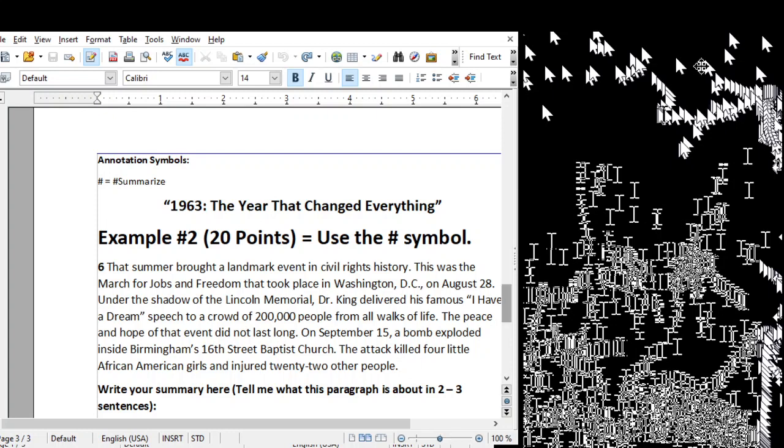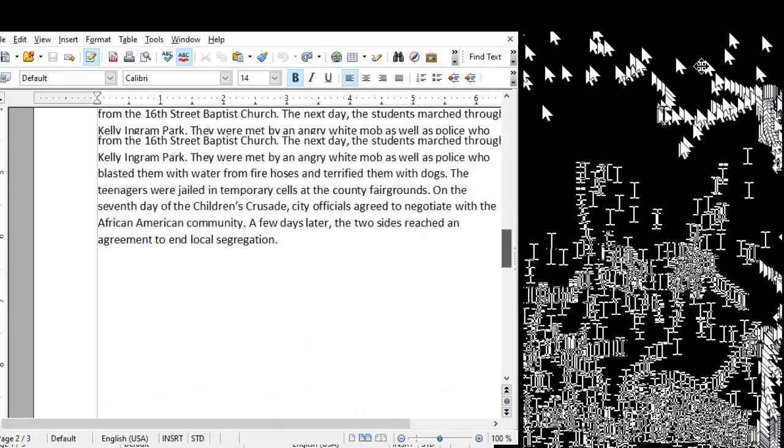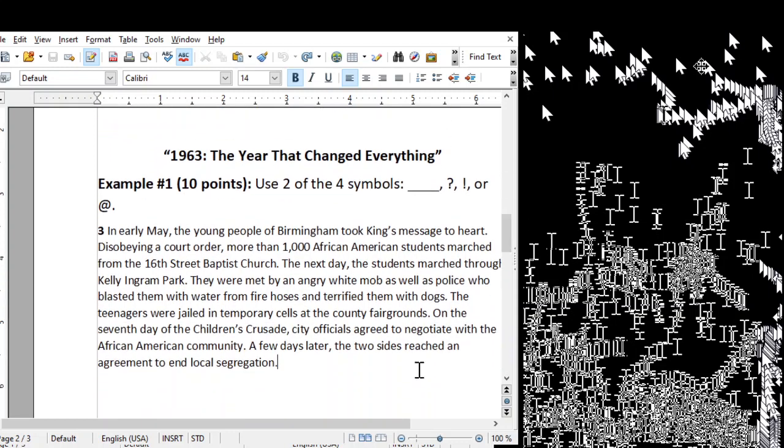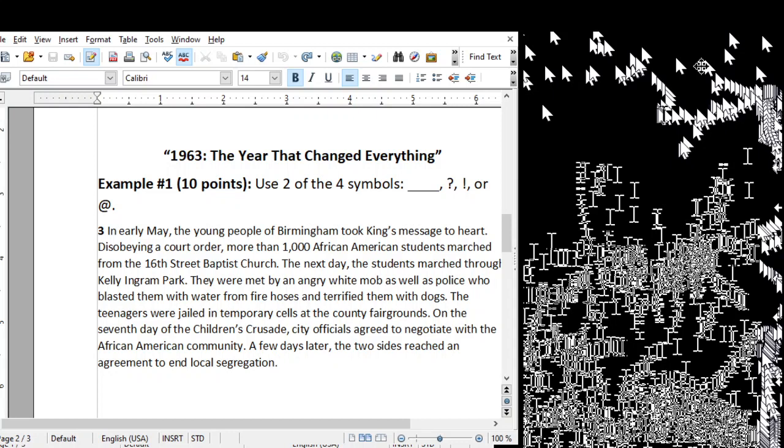That's example 2. Example 1, you get to have a conversation with this paragraph using 2 of the 4 symbols. You can either say, hey paragraph, you used a word that I didn't know the meaning of, and so here's the definition of that word. That's the underline. You're going to say to this paragraph, hey, I read something in you and I have a question about it.